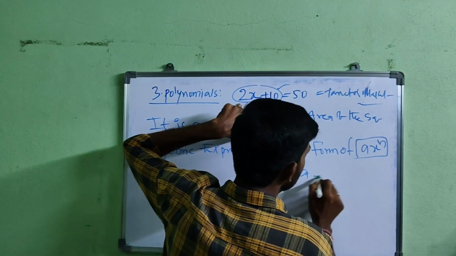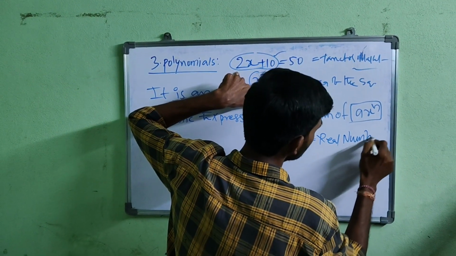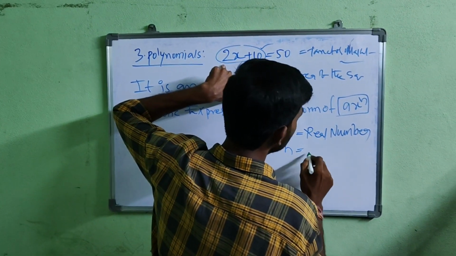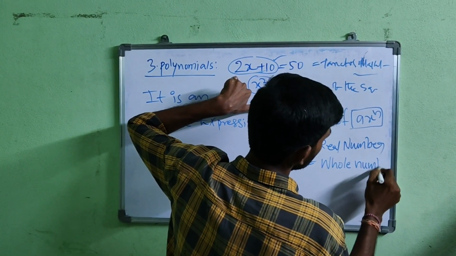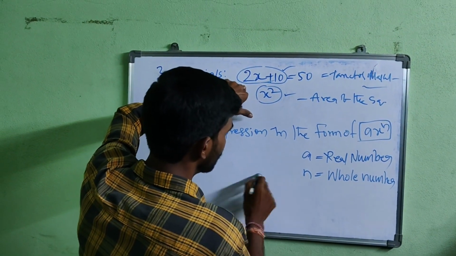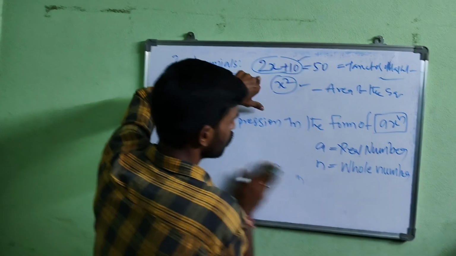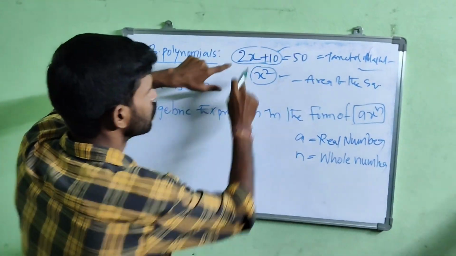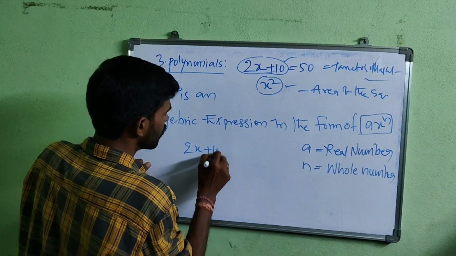Here a is a real number, n is a whole number. In the whole numbers, 0 will also be there. For example, x power 0, what will happen? It is equal to 1. Okay, for example, like this we see 2x plus 10 is there, right?